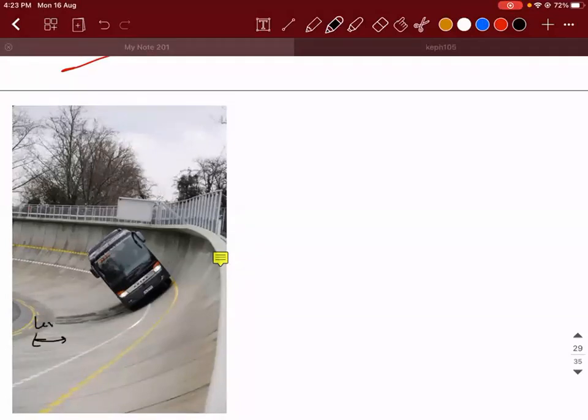This is a level part, and this is slightly inclined. Correct? They are doing some testing of this particular vehicle on this road called a banked road.